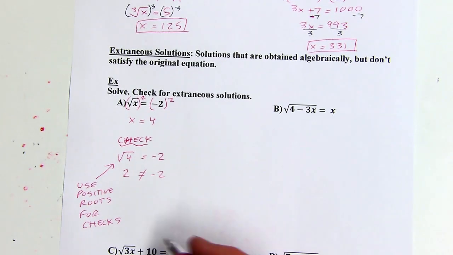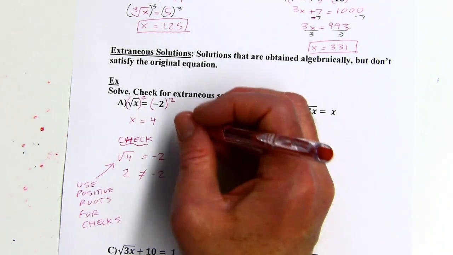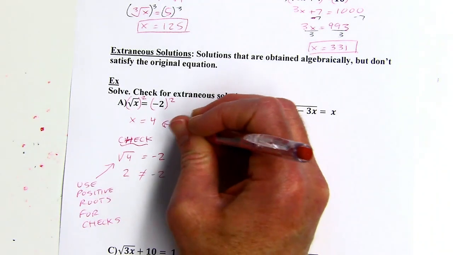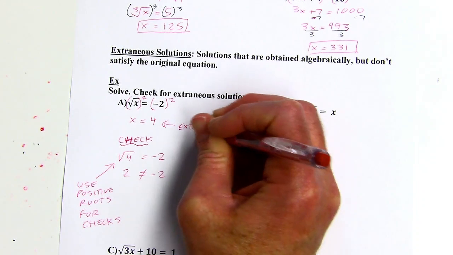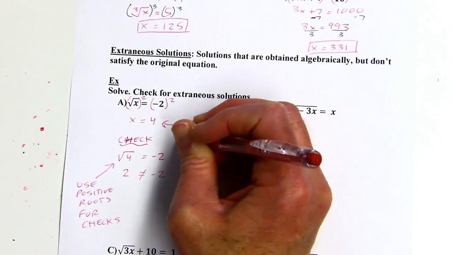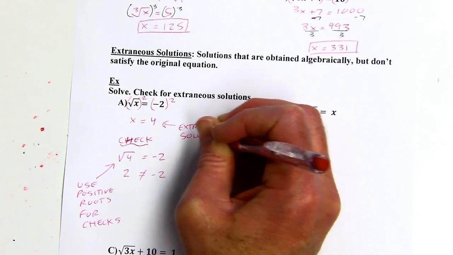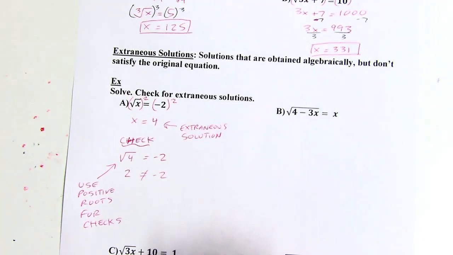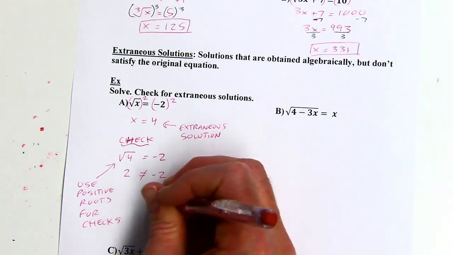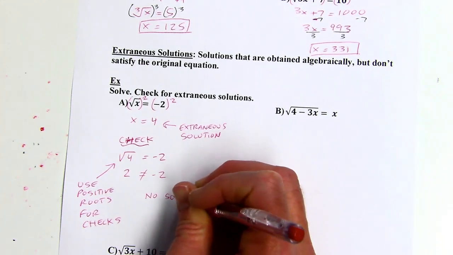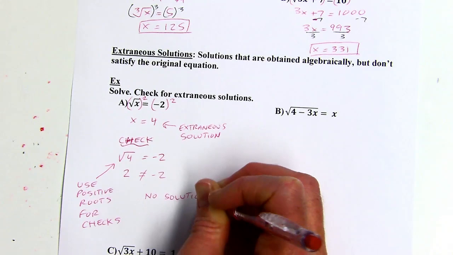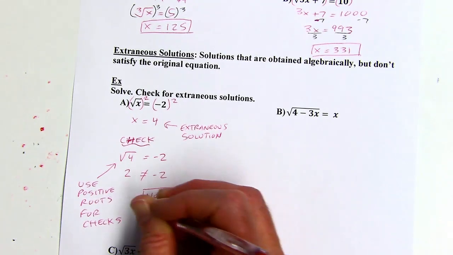So that one doesn't work out. That means this is an extraneous solution, and that means we have no solution because it's the only solution we have and it's extraneous. We have to throw it out. It's not a real answer.